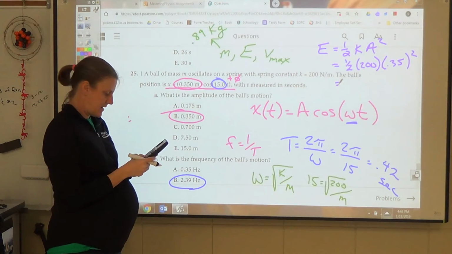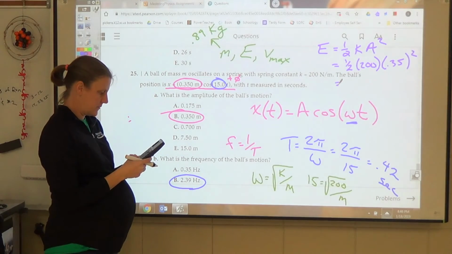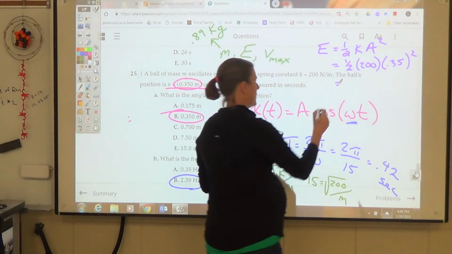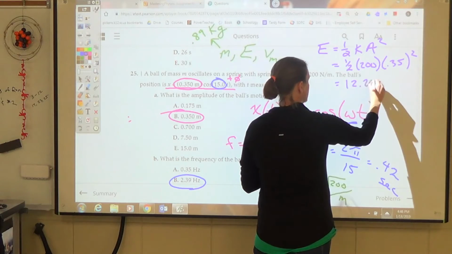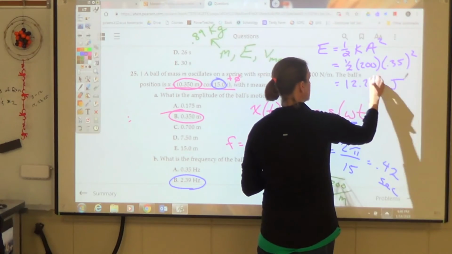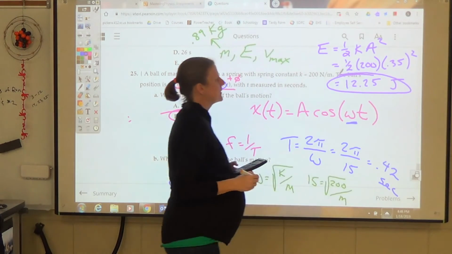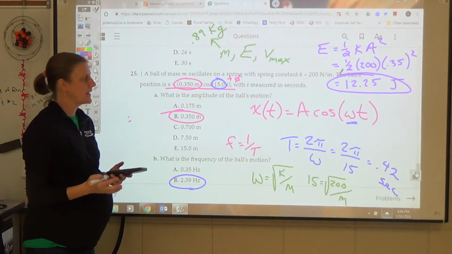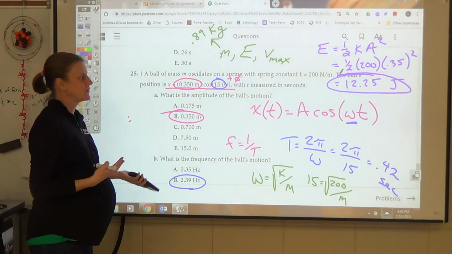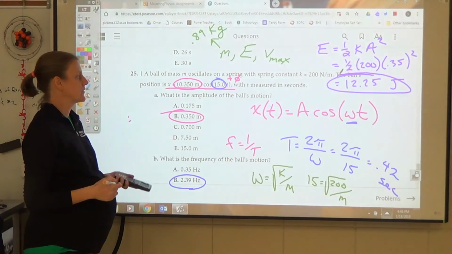So 0.35 squared times 100, about 12.25 joules. So that's the maximum kinetic energy, that's also the maximum potential energy, that's also the total mechanical energy.